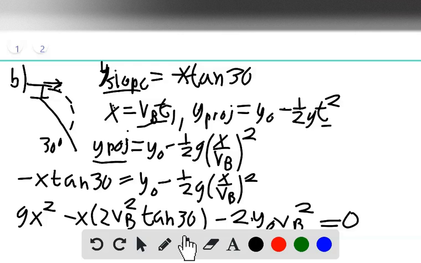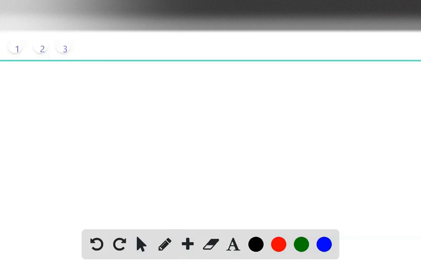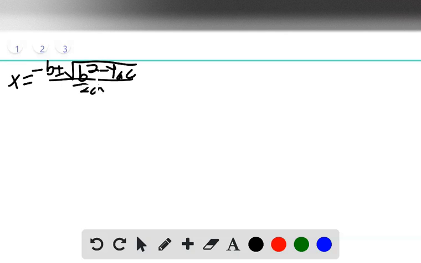Okay, so now we have a quadratic equation, and we can write out the quadratic formula: x equals negative b plus or minus the square root of b squared minus 4ac over 2a.